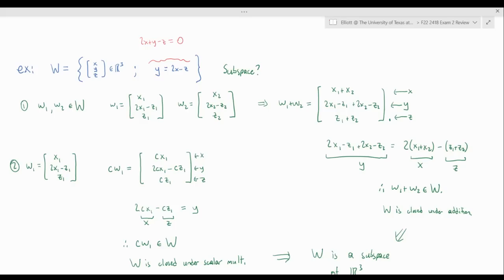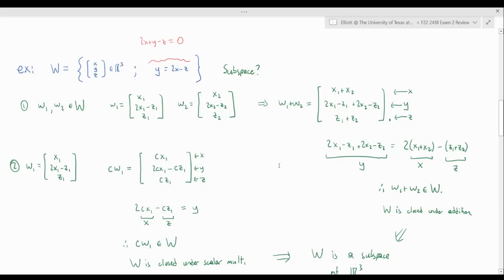When you're checking if you have a subset of R3, or just Rn in general, anytime your condition looks like this, that means it's going to be a subspace. You should be able to prove that it is closed under addition and closed under scalar multiplication.